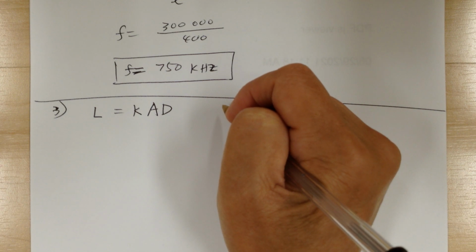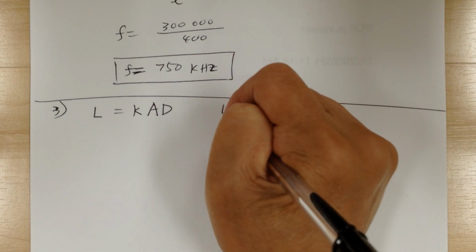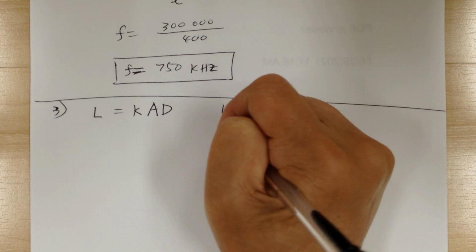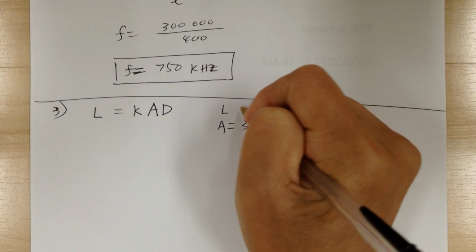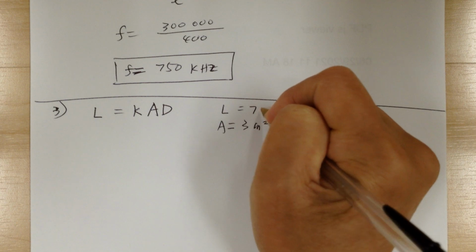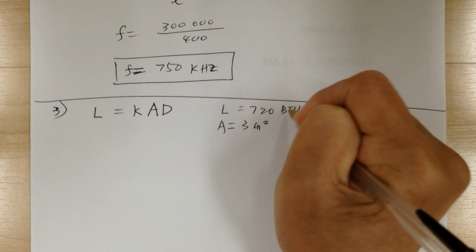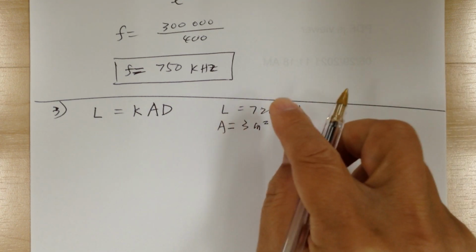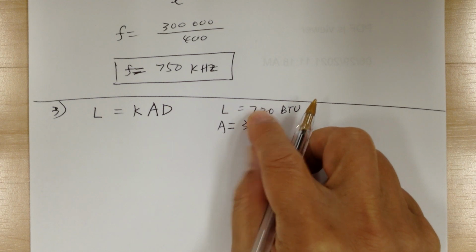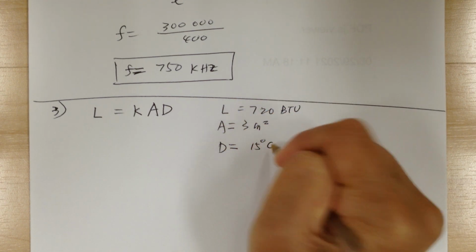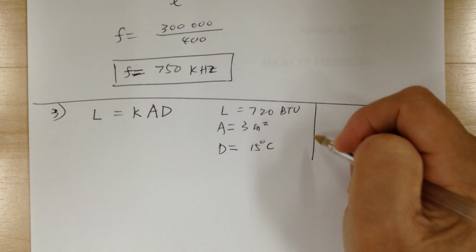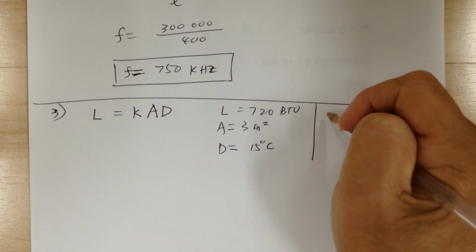Okay, now if the loss through a window with the area of 3 meters square is 720 BTU. Okay, again, this is the label for the heat loss. When the temperature difference is 15 degrees C. Okay, so it asks what is the heat loss.